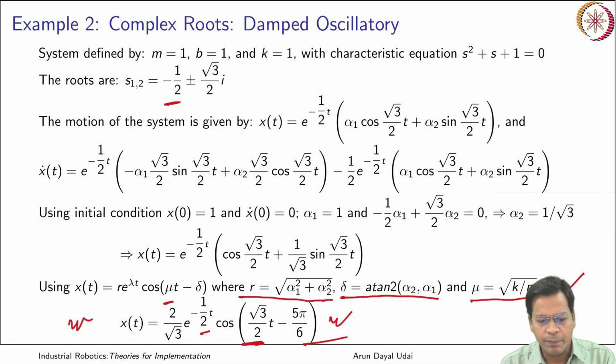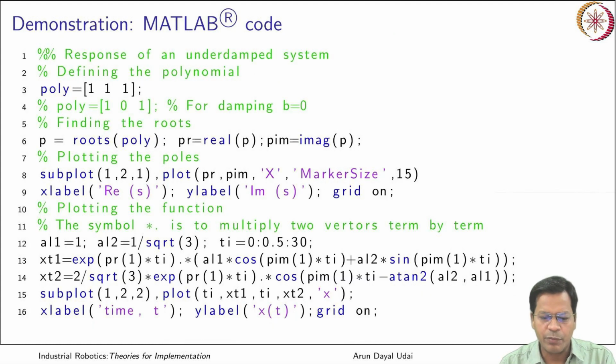You already know the roots are complex conjugates. So let us plot both. You can plot in the complex plane, show where your poles lie, and also plot the behavior. So now I am doing that, using my MATLAB code once again. I am defining my system, storing the roots here, storing the real and the imaginary values here, and showing them in the complex plane.